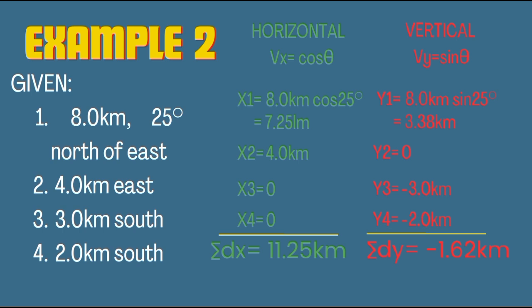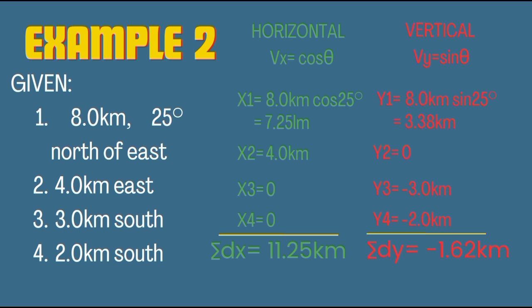And for the x2, 4 kilometers only, because the given 4 kilometers is horizontal, and it does not mention any vertical direction. It only mentioned it, just like x3 and x4.